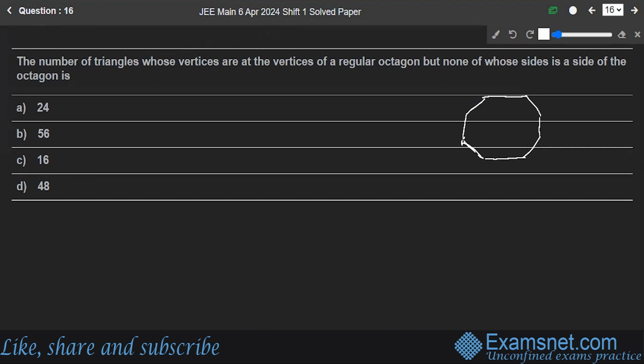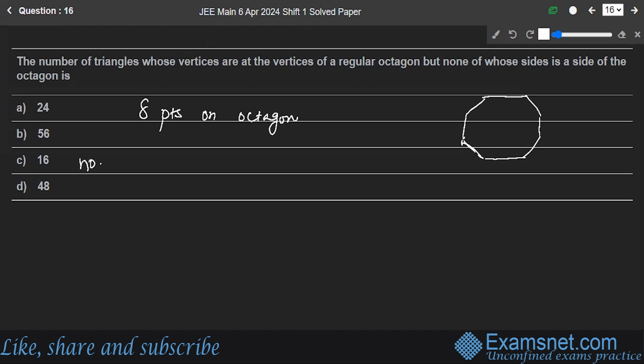Okay, fine. So that means first thing, in total you are having 8 points on the octagon. A triangle is having 3 vertices, right? Number of ways from those 8 points, I will select 1 point.